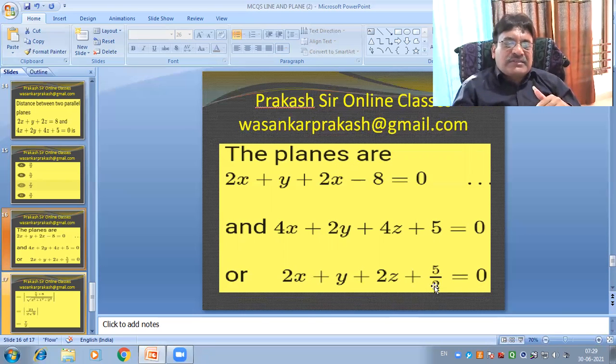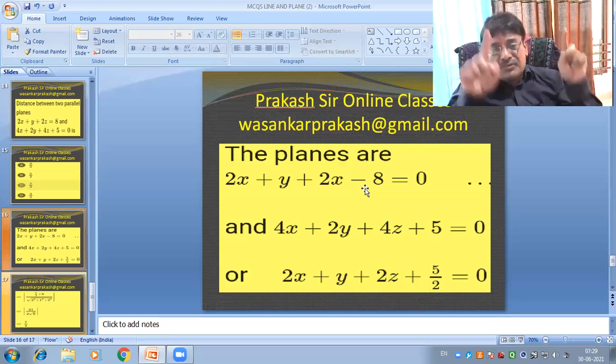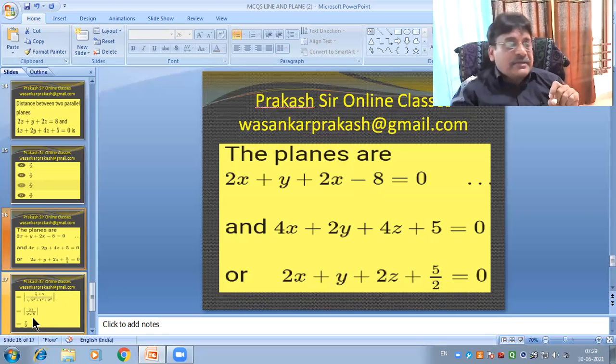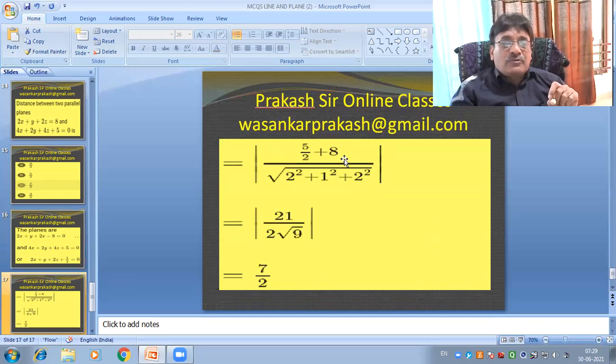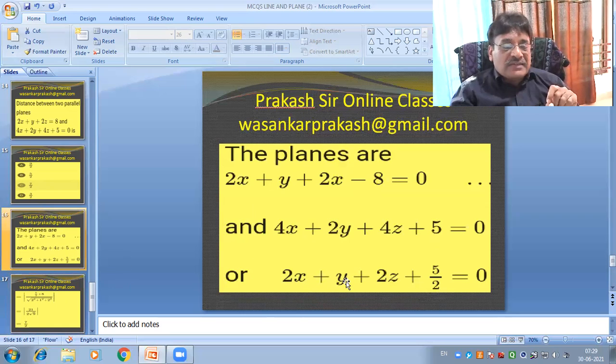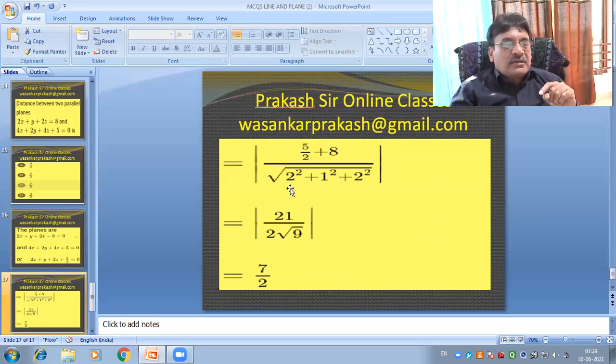So the difference of the constant terms is 5 by 2 plus 8. The required distance between the parallel planes is mod of 5 by 2 plus 8 upon under root 2 square plus 1 square plus 2 square, since the coefficient of x is 2, y is 1, and z is 2.